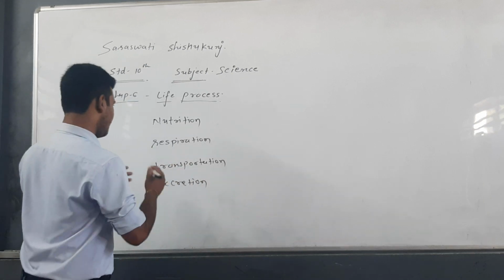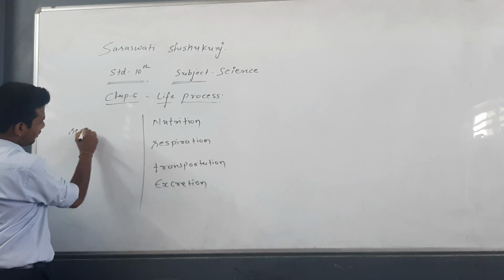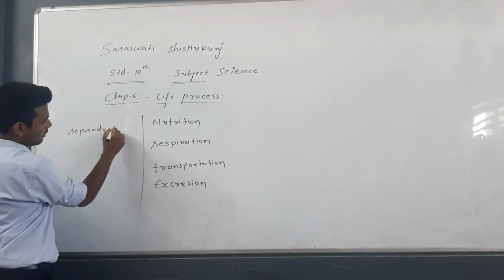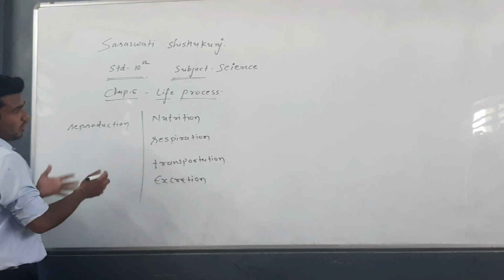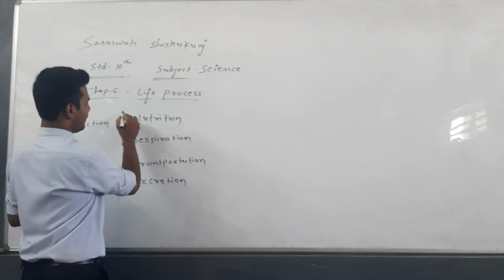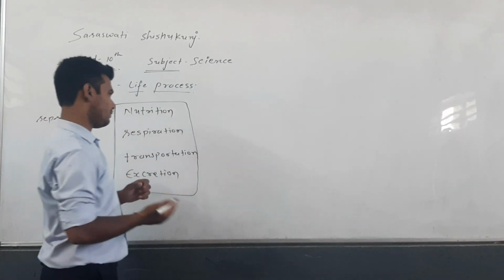There are also other life processes like reproduction, control, and coordination. All of those are life processes, but in this chapter we have understood these 4 main life processes.